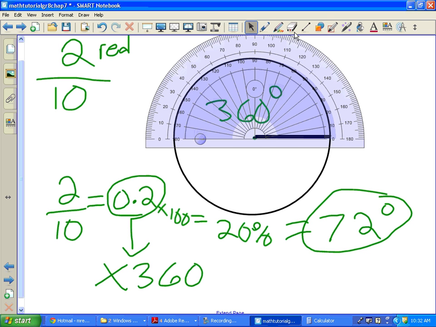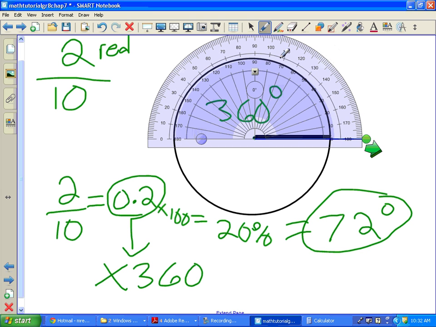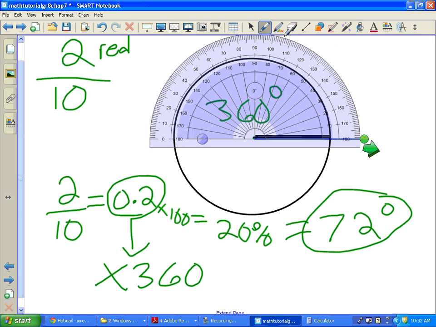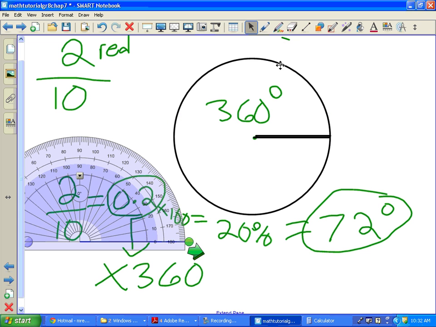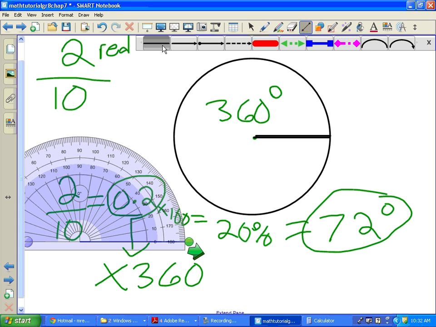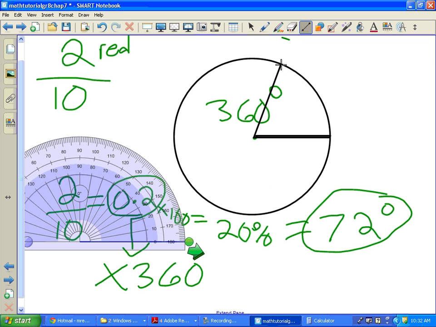Measure out 72 degrees and put a tick right where 72 is. So 60, 70, 71, 72 is about right there. Oops, a little less. Right there. So I'll move him out of the way. And now I've just drawn 72 degrees, because there's my mark. So this here would be the red.